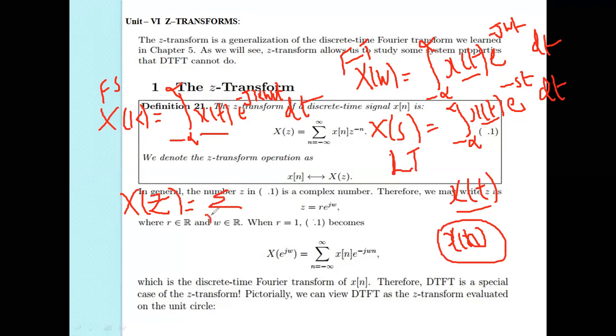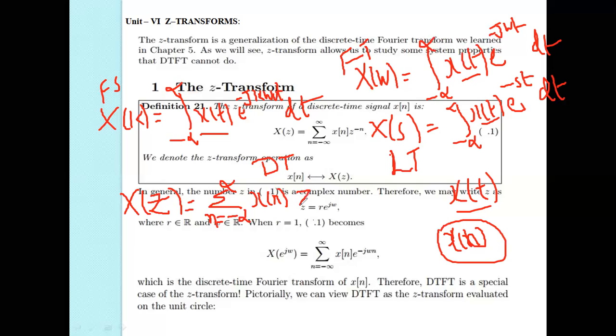Sum over n equal to minus infinity to infinity of x of n. Instead of the integral, we use the sum because x of n is a discrete time signal, and these three are the continuous time signals.